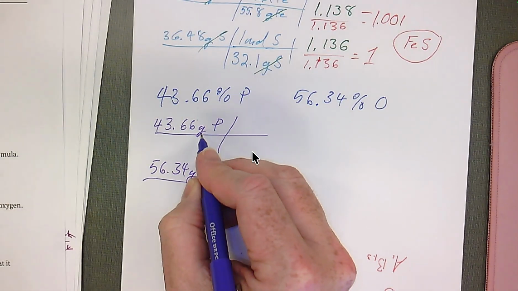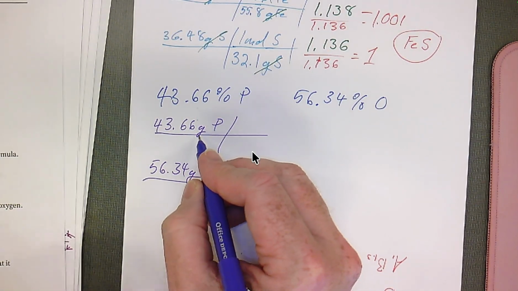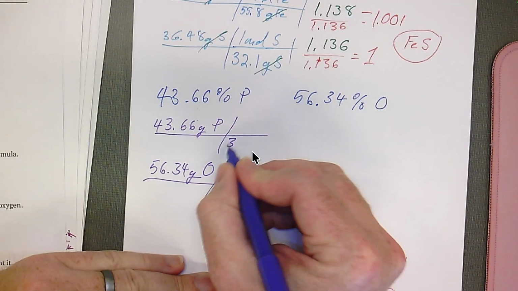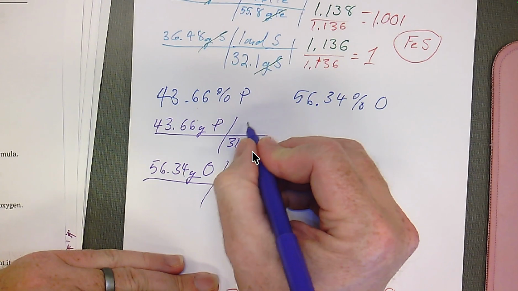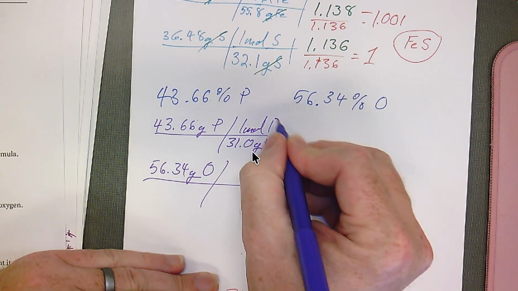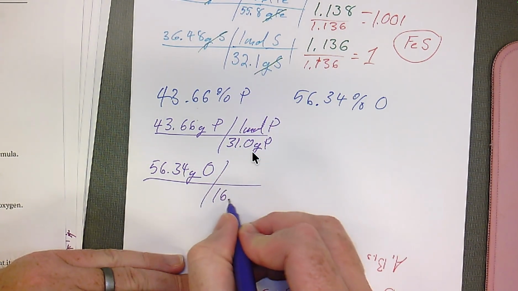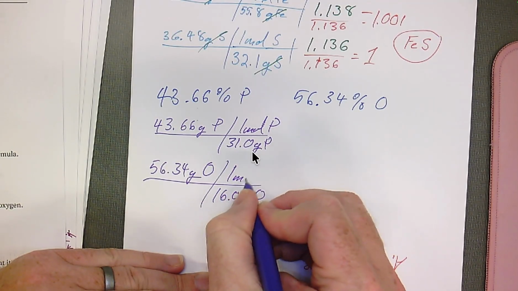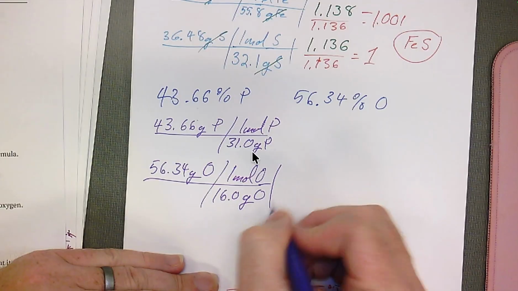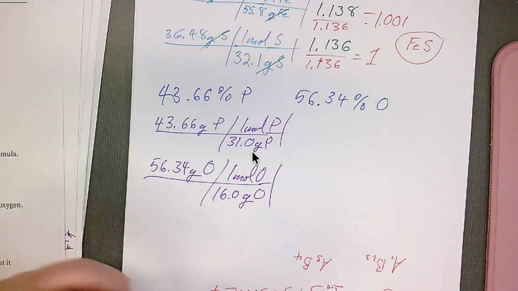If I have grams of phosphorus here, where's it go on the next step? Bottom. From the periodic table, it's 31 grams of phosphorus is 1 mole of phosphorus. And for oxygen, hopefully you guys have oxygen memorized by now. We use oxygen a lot. It's really important.